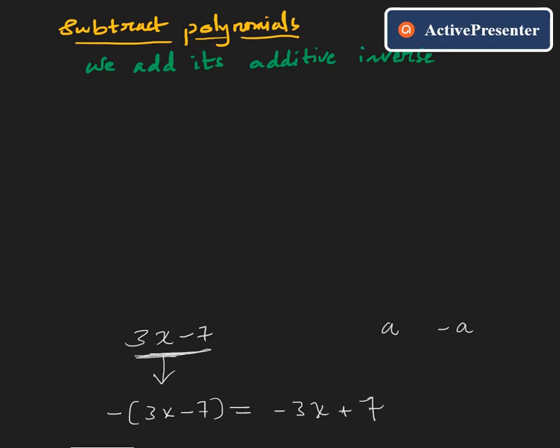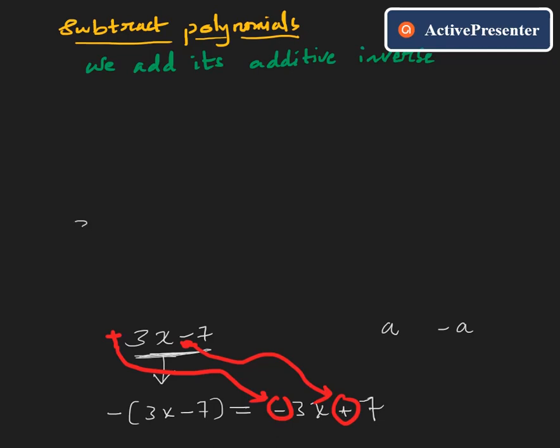So what did we do? We changed the signs. Positive transformed to negative, and negative transformed to positive. If a question asks you what is the additive inverse of a polynomial, you change the sign.